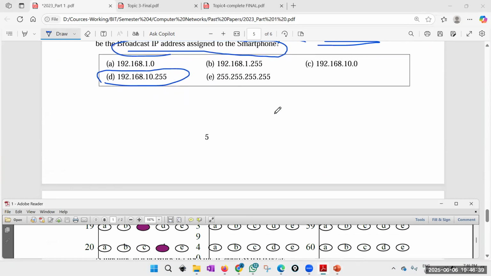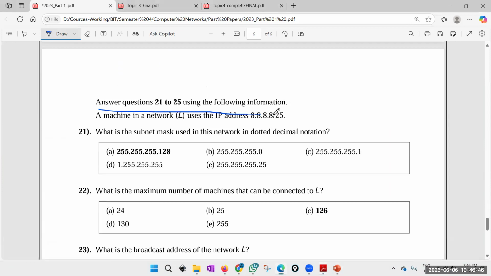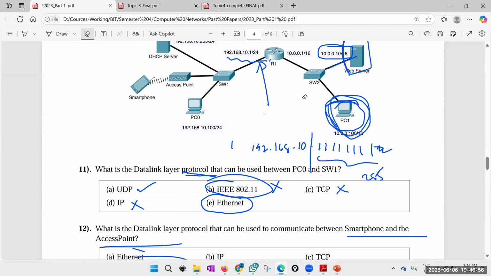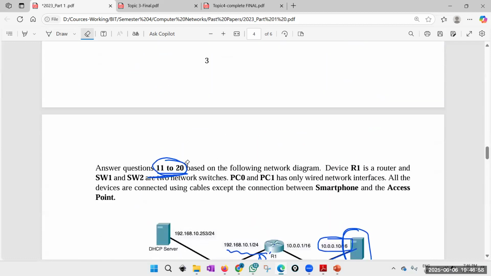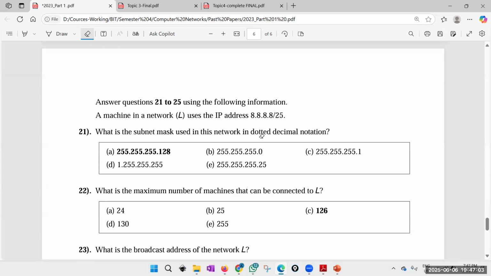Right, 21 to 25 using the following information. These are a set of questions. Now this has nothing to do with the previous question, because that is done. Now forget about 11 to 20 and concentrate on this only.